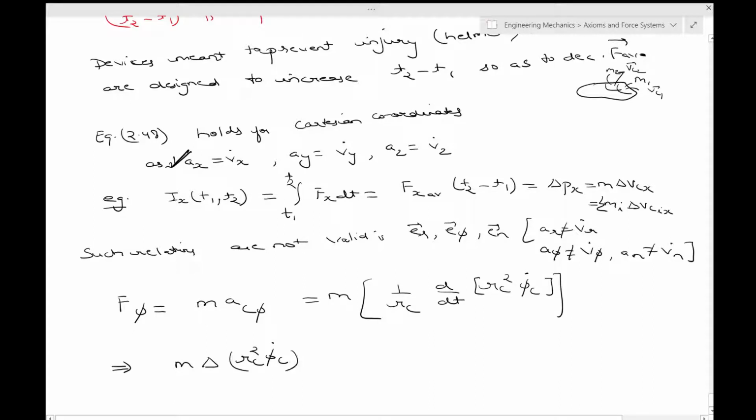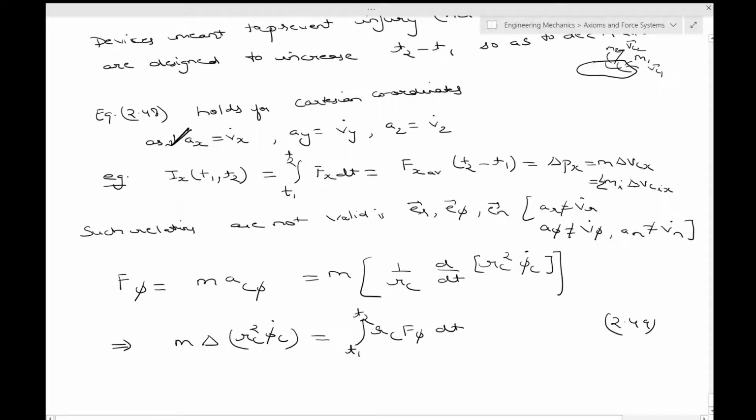Okay, so delta for this quantity in the brackets would be RC F phi dt going from T1 to T2. This is equation 2.49.